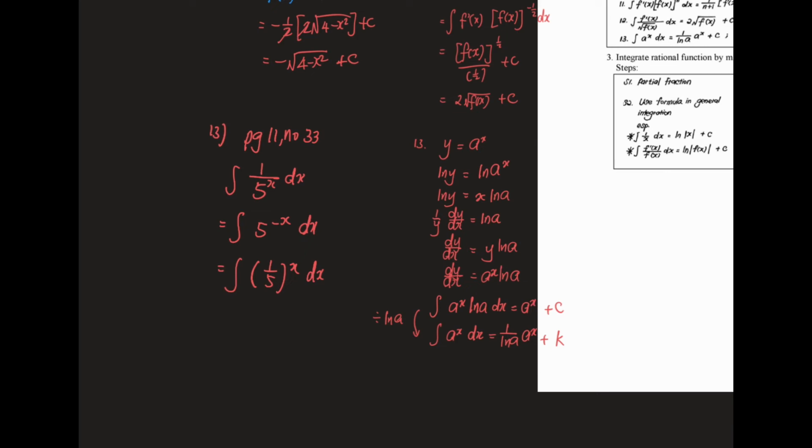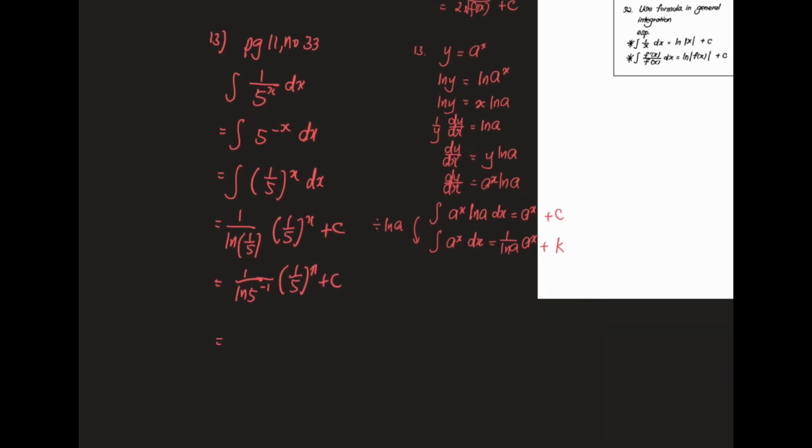By using the formula in number 13, it will become 1 over ln a, times a to the power of x, plus c. To simplify this, I can change the 1 over 5 to 5 to the power of negative 1, then I shift the negative 1 in front. So I will get this after integration.